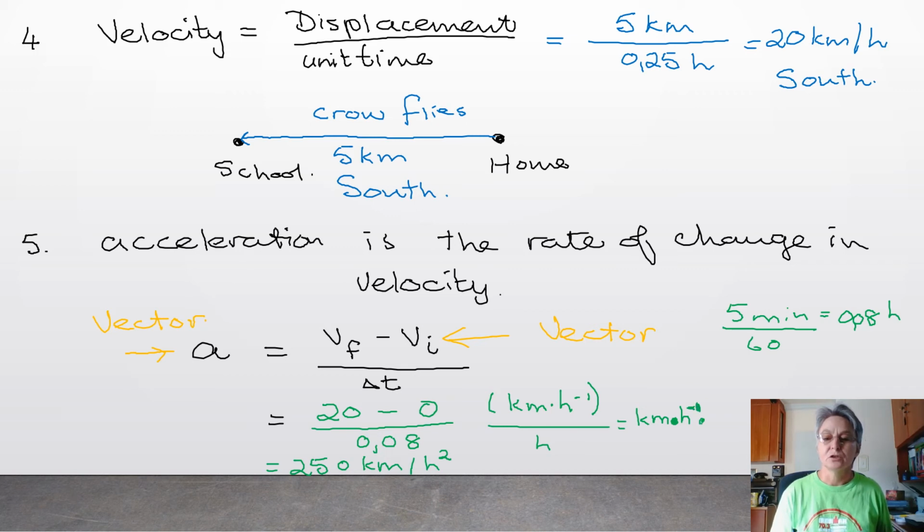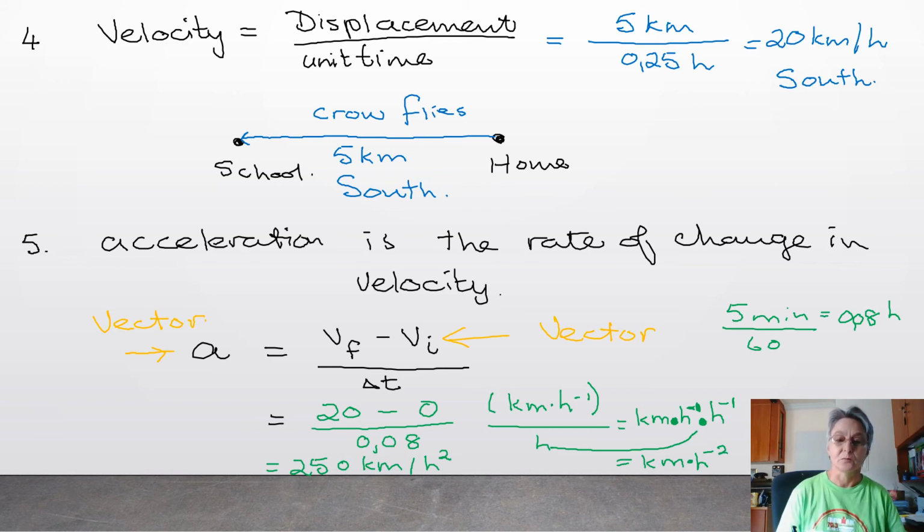So I'm changing this hours to multiply by per hour, so that is kilometers per hour squared. In the science class, we usually work with meters per second squared. It's just this example that I'm using as kilometers per hour squared.